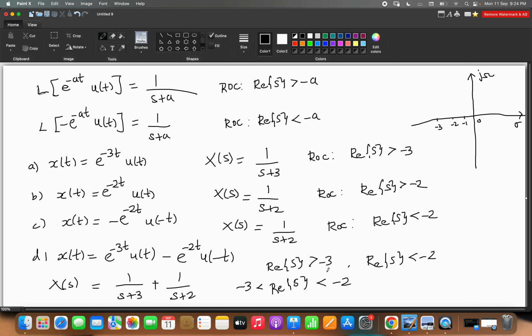So according to this ROC, real part of s is greater than -3 and lesser than -2. So this will be like this. Usually the ROC does not contain any pole. So this region will not contain the poles -3 and -2. So this is the ROC for the problem D. Thank you.